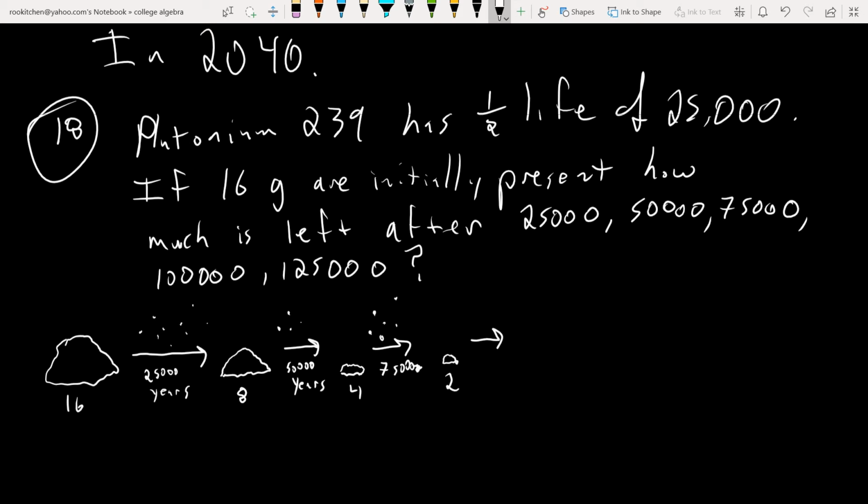And then after 100,000 years, another half-life, you'll have 1 gram left. And then after 125,000 years, you'll have half of that, so 1/2. These are all in grams.